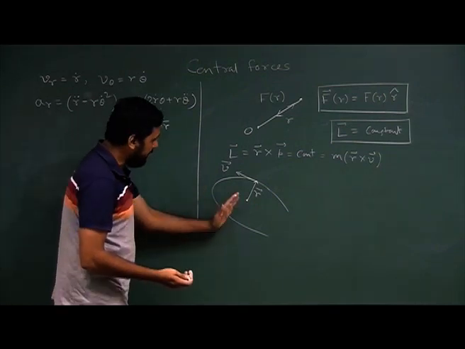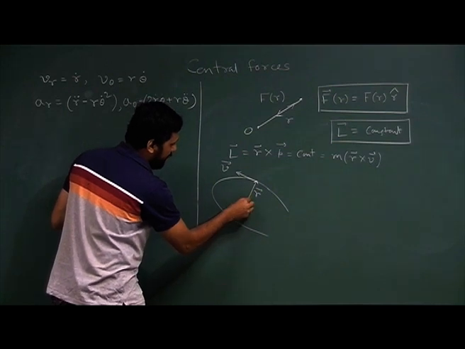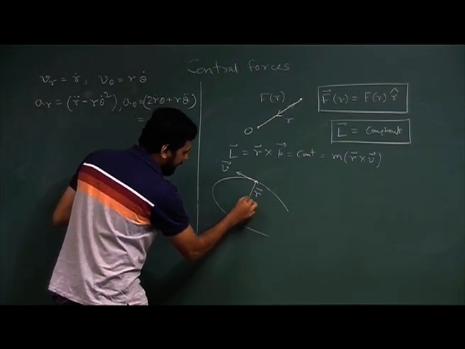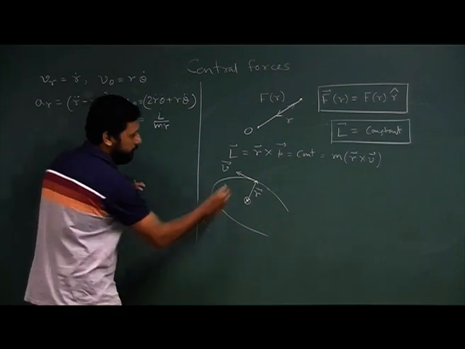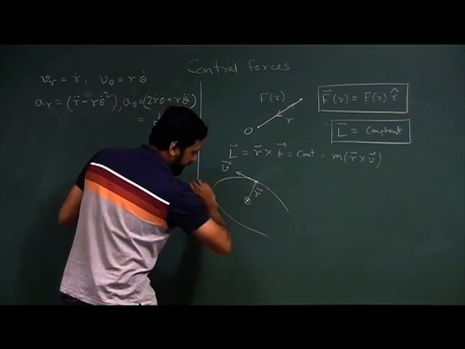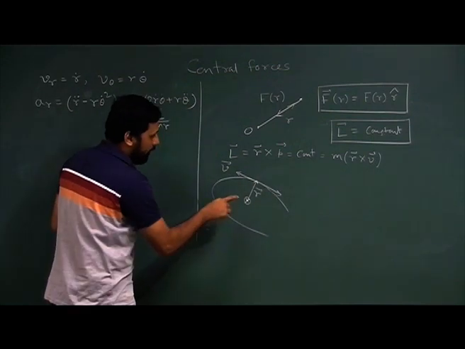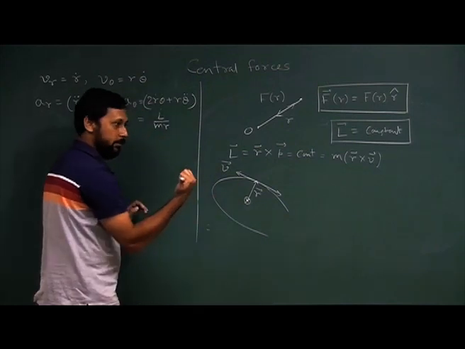Now, if they stay in the same plane, then R cross V has a direction pointing inside this plane. If the particle is moving in this way, V will be like this and R cross V will be pointing outward of this plane.